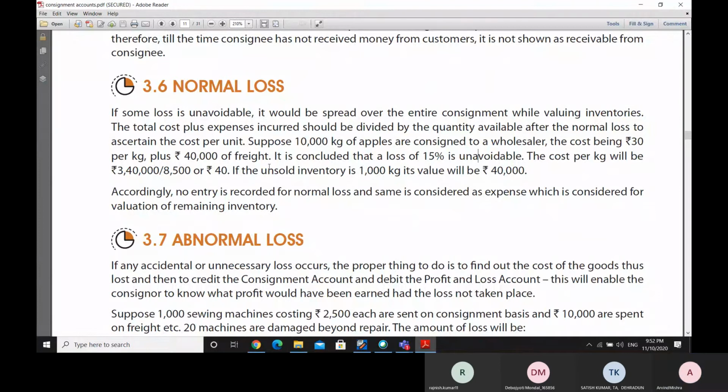Now we are sending these 10,000 kg apples, and let us say a normal loss has happened. So normal loss would be about 1,500 kg, and the unsold inventory is 1,000 kilograms. Since the cost of the apples was 40 rupees after the normal loss, the unsold inventory will be valued at 1,000 into 40, which comes to 40,000 rupees.